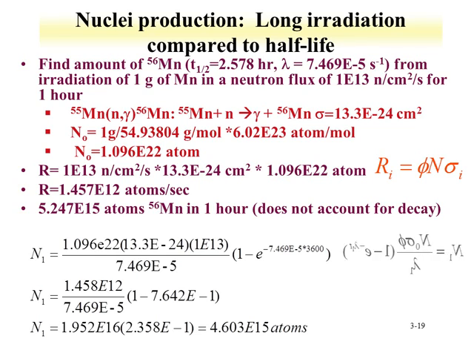Let's do the fuller equation where we do account for decay, put in all our terms, and we see that the result varies. This makes sense because we're irradiating for an hour and the half-life is 2.5 hours. During that hour of irradiation, the manganese is decaying. So in this case, we certainly need to use this equation to get a reasonable calculation for what we would actually observe.